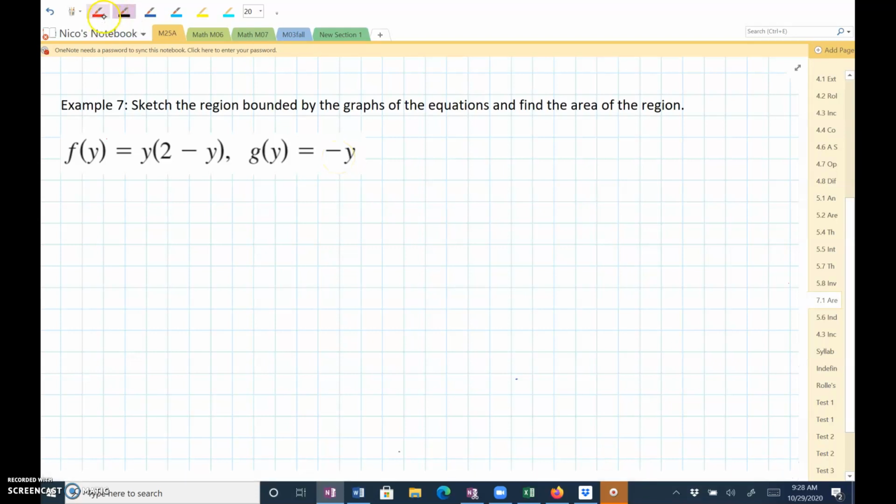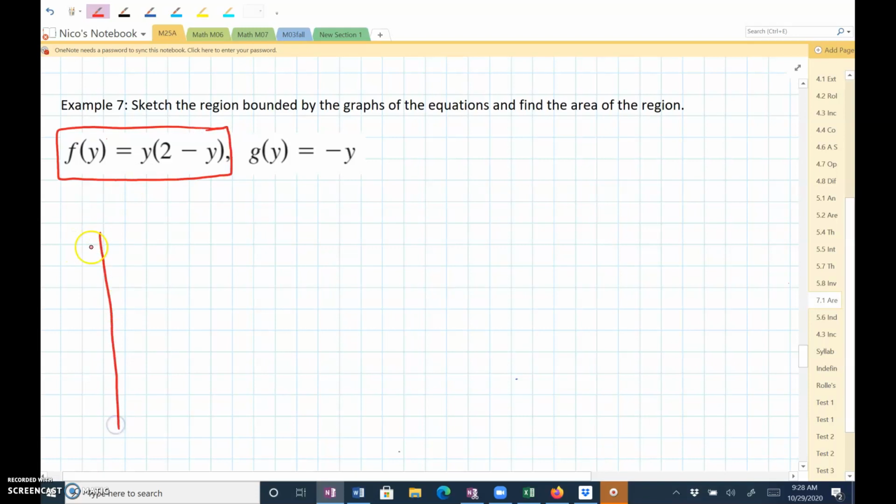So first of all, to see what this graph would look like, you're going to do x and y.